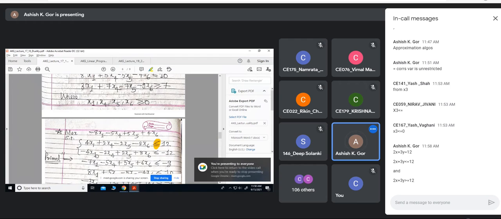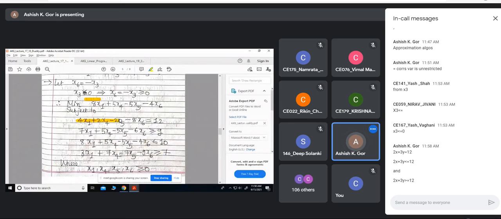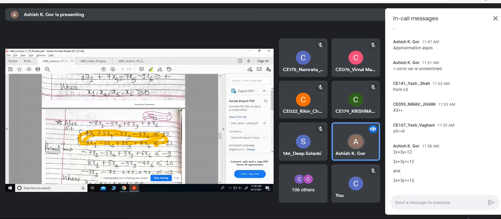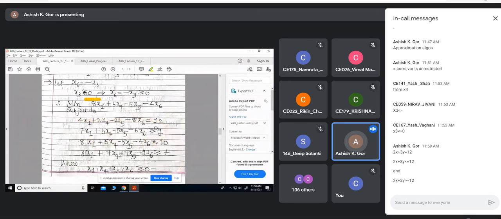Then I can multiply the second one by minus on both sides. The inequality will change from greater than equal to into less than equal to, and you know this. This is how I converted the first step. In the same way, I want less than equal to, so I multiply both sides by minus, which changes this to less than equal to.